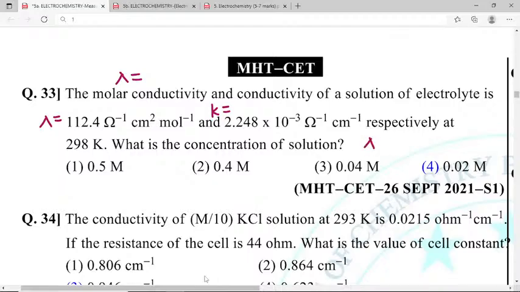So conductivity is equal to 1000 K divided by C. Put the value, we'll get the answer. Modify the formula for concentration. So C is equal to 1000 K divided by molar conductivity lambda.